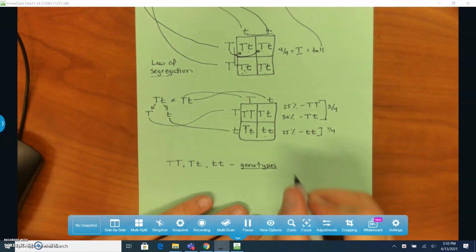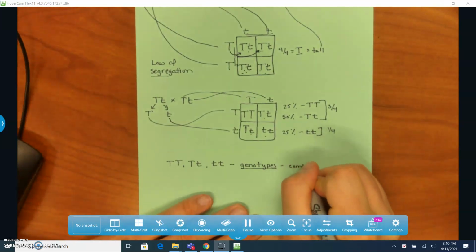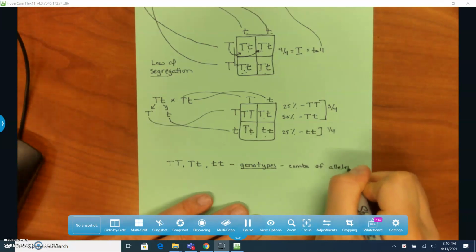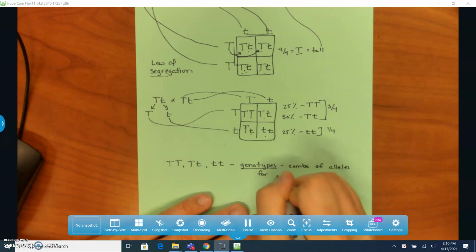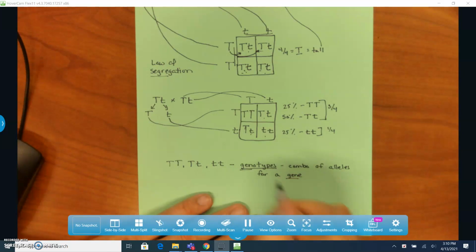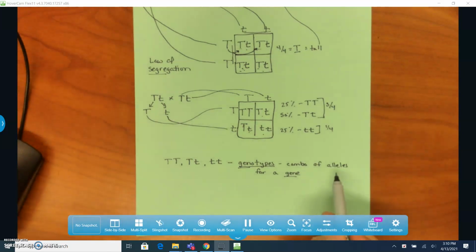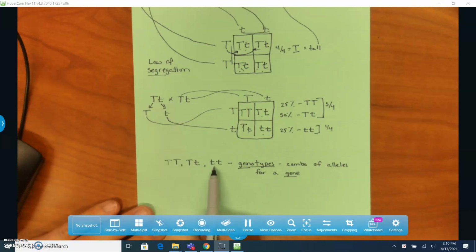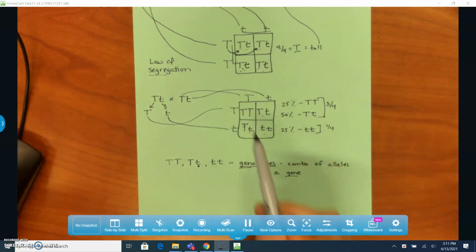Genotype is the combination of alleles for a gene. And we have gene and genotype for a reason. I can see that there are 2 alleles here, both are dominant. There are 2 alleles here, both are recessive. There are 2 alleles here, one is dominant, one is recessive. So I have 3 genotypes based on my scenario above.